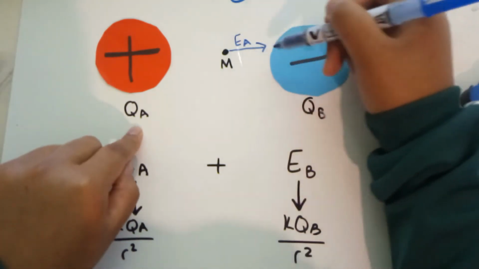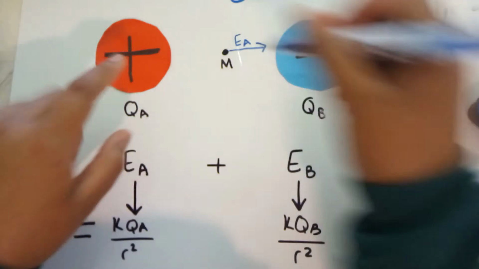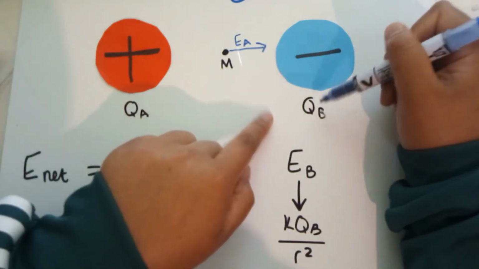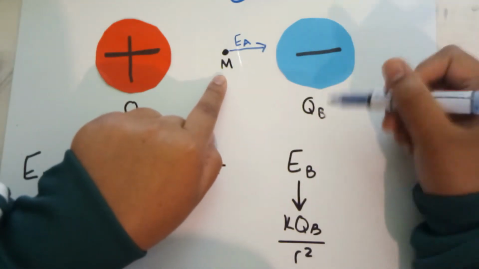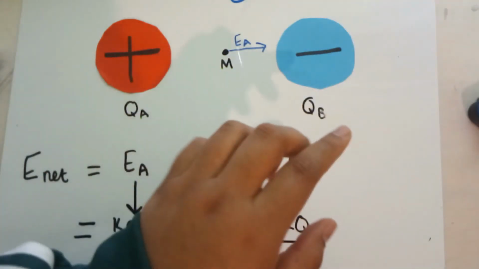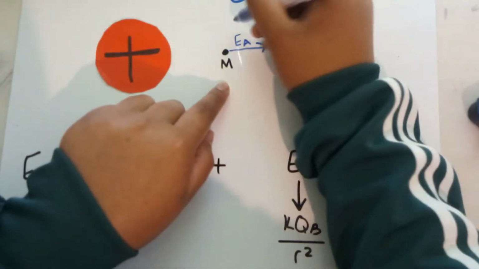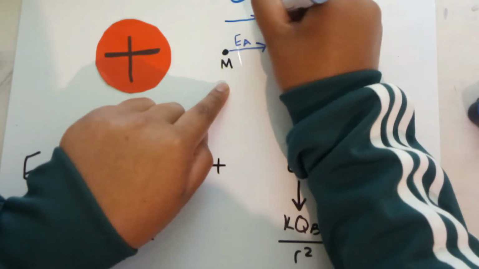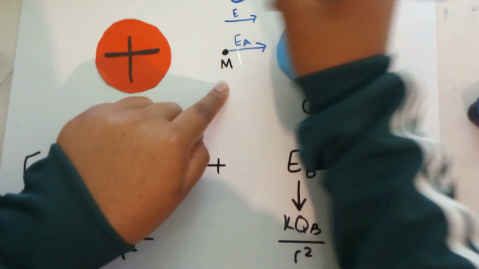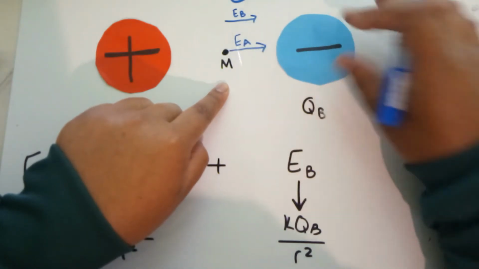So I'm labeling it EA. Similarly, I can label the field that is going to be experienced at this point due to QB. I can also say that because of our second core principle, that negative charges generate fields that point towards it, this field will also point towards the right. So this is the field experienced at M because of QB.